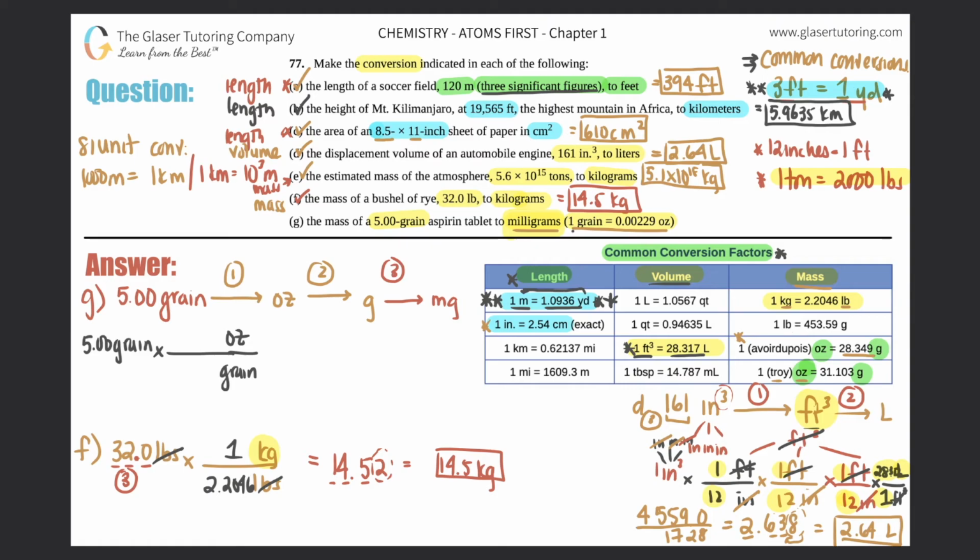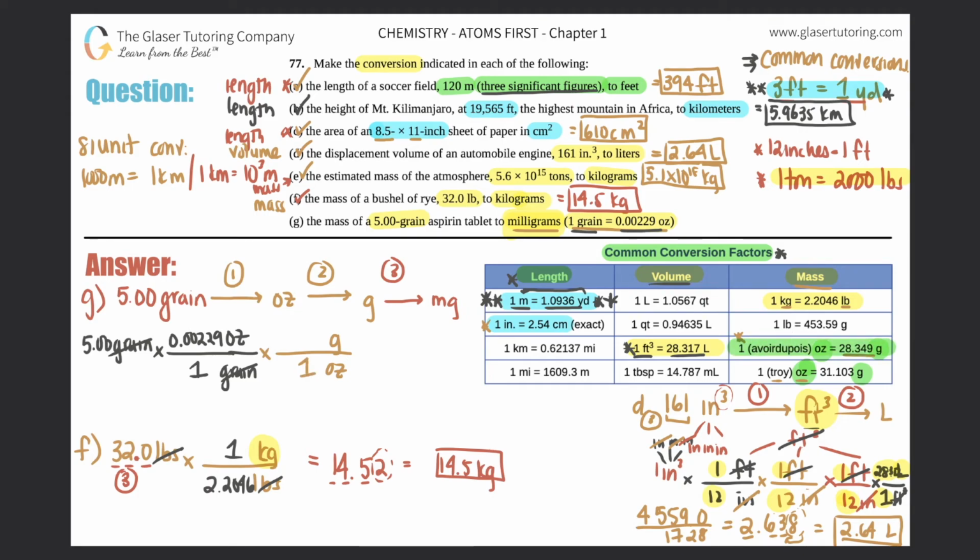They told us that 1 grain was equal to 0.00229 ounces, so 1 grain is 0.00229 ounces. So grain cancels. Next, we want to go from ounces to grams. So ounces goes on the bottom, grams goes up on top, and we're going to use this conversion right here.